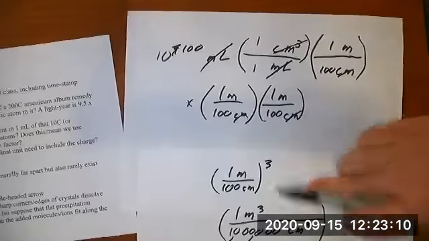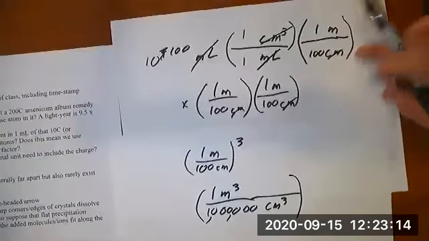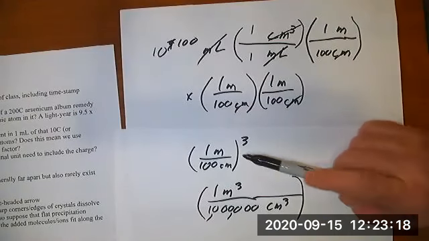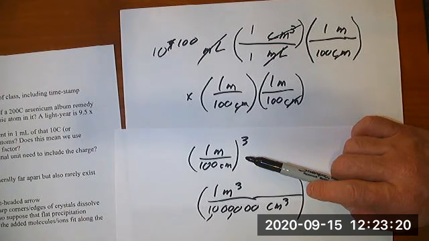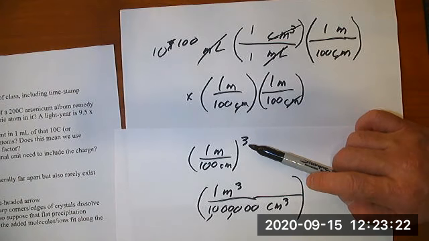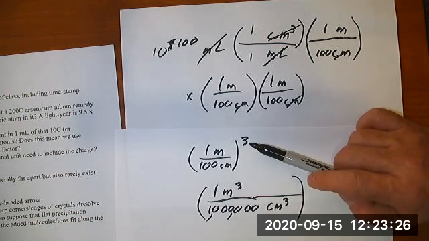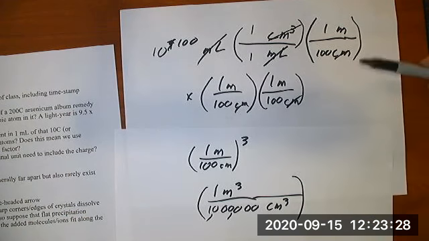All three of these are mathematically equivalent. This is the easiest one to write down, and if you're confident that you can remember to use the cube as you're going through, it's certainly the most efficient way to go. This one is the most explicit. So choose which way you want to do it, however you like.